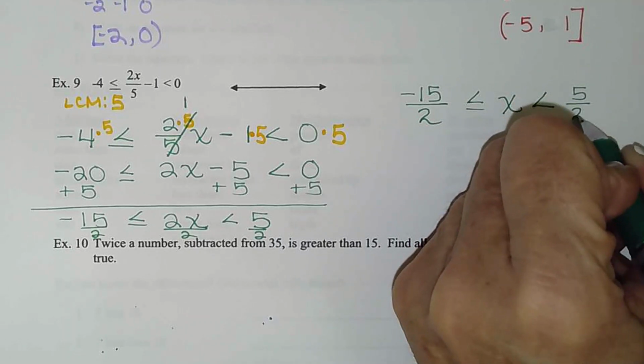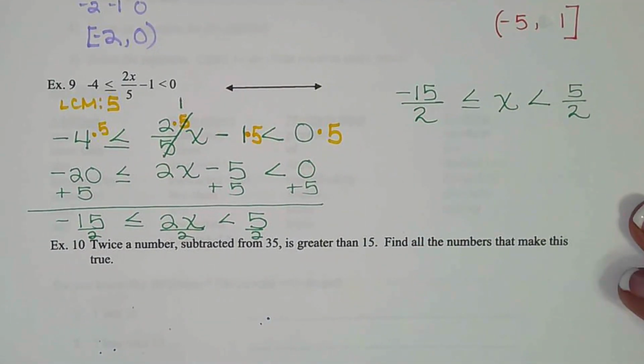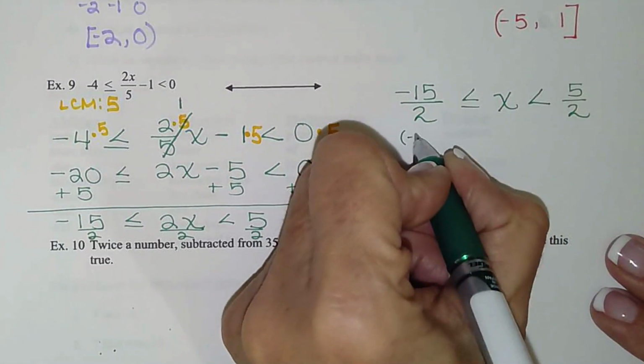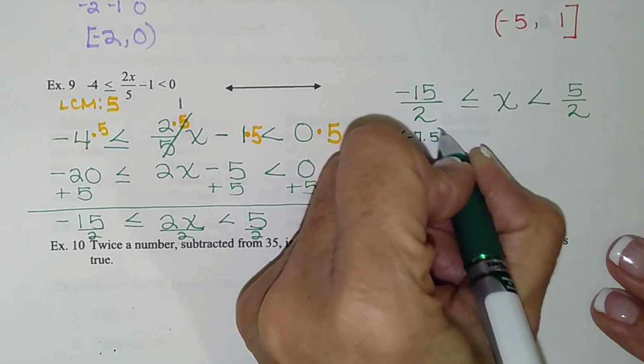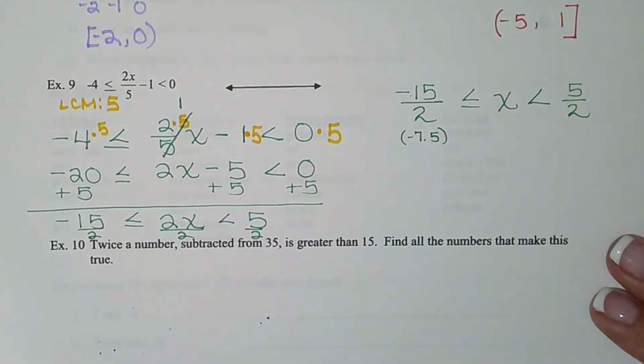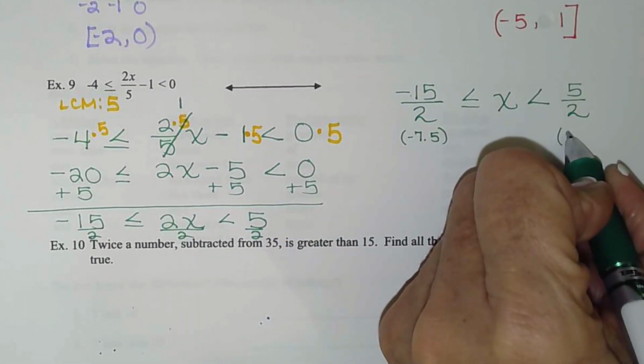So when you're graphing these, it is a little bit easier if you change them to decimals, just so you know where they're at on the graph. So this would be -7.5 if you typed it in your calculator, -15 divided by 2, and this would be 2.5.